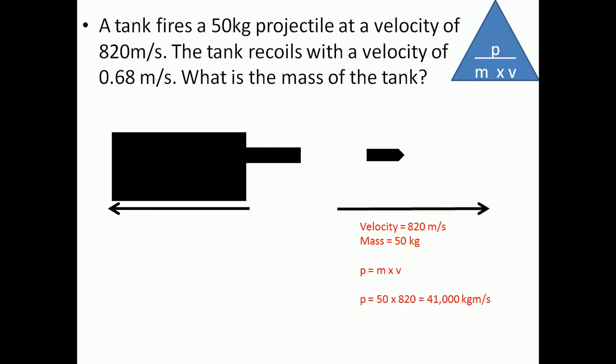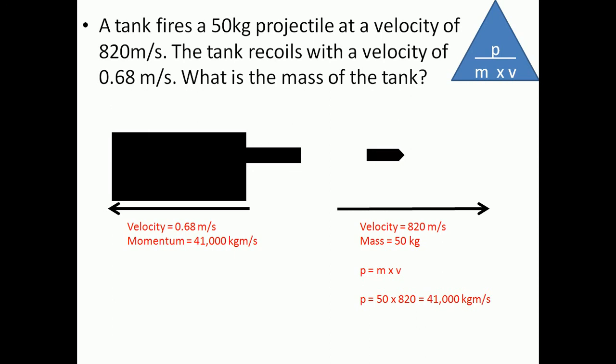So now we can look at our tank, because now we have from the question the recoil velocity of the tank, which was 0.68, and we now have the momentum of the tank, which was 41,000 kilogram meters per second, and this number is just the same as the momentum of the projectile. As it was with the last question, the momentum before equals momentum afterwards.